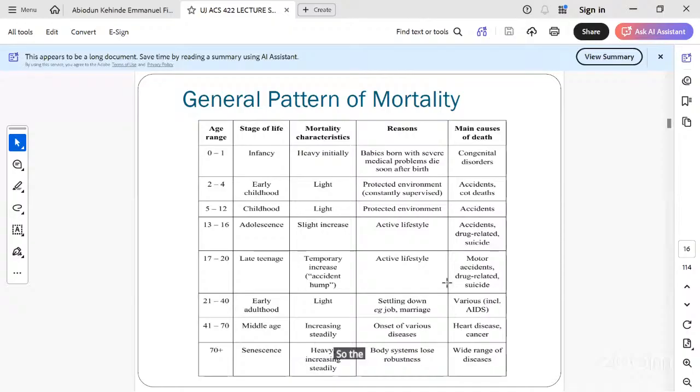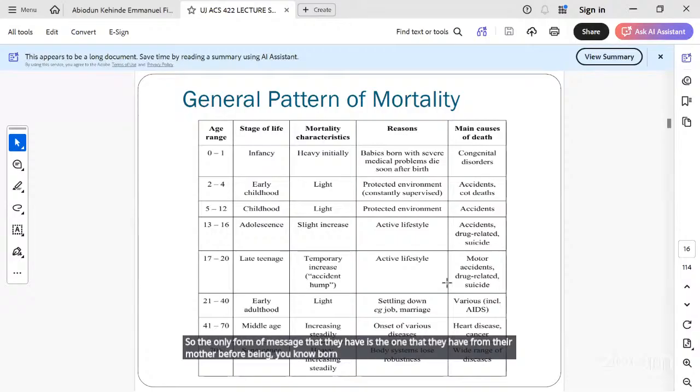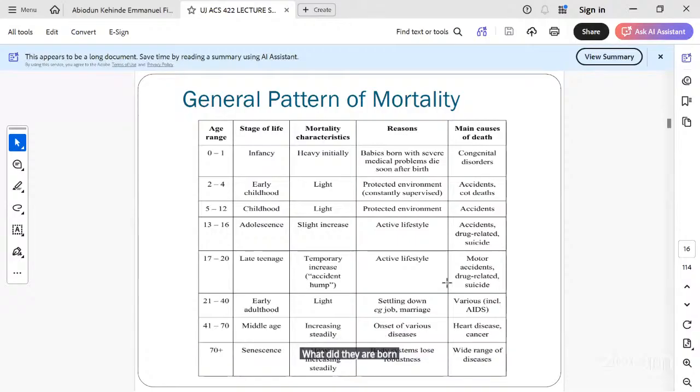The only form of immunity that they have is the one that they have from their mother before being born. When they are born, many of them will die as a result of not being able to withstand different severe medical conditions. So between ages 0 and 1, the mortality rates are expected to be very, very heavy.